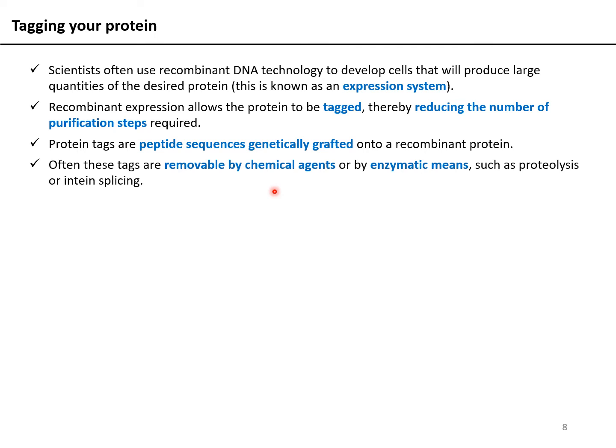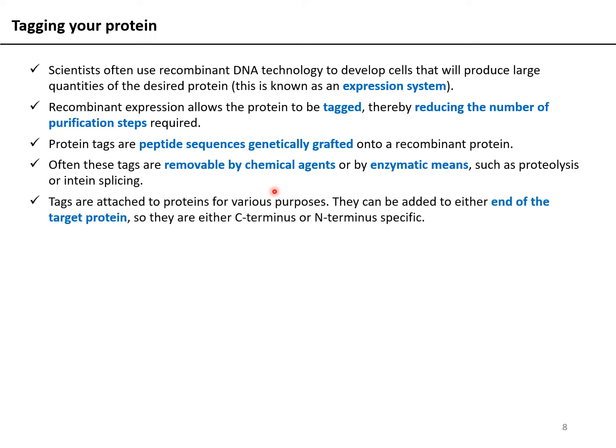So you ensure that this tag is cleavable. How do you do that? You introduce an enzymatic cleavage site in between the protein of interest and the tag, so that once you've purified your protein using the tag by affinity chromatography, you can then add the enzyme and cleave the tag away from the protein of interest and then remove it. So now you have your tag-free protein for further studies.